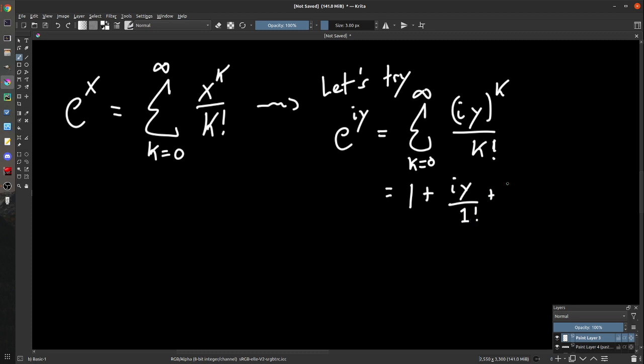Then we get, well, iy squared over 2 factorial, then iy to the third over 3 factorial, and so on. And then we keep going, dot, dot, dot, forever, right? Well, what do we get? We have 1 plus iy over 1 factorial, right?